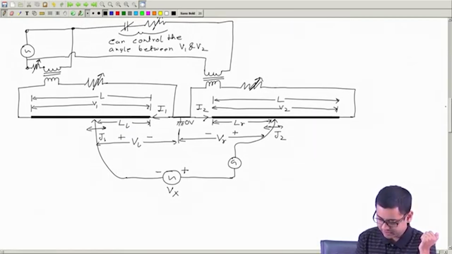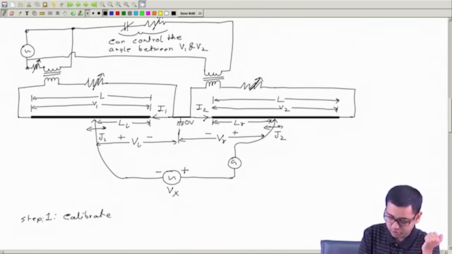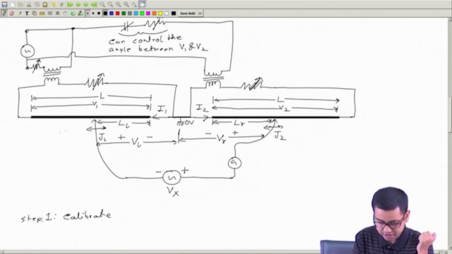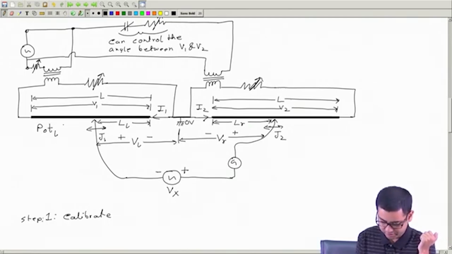So first step is to calibrate. So step 1, calibrate this potentiometer. Okay, call this PL, pot L, left potentiometer. Calibrate pot L. How?